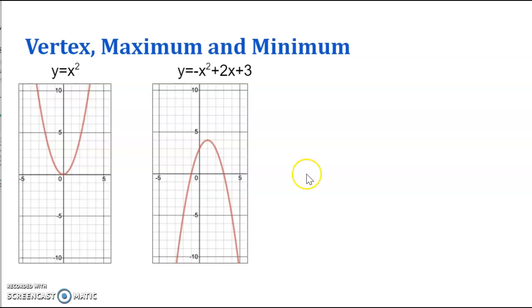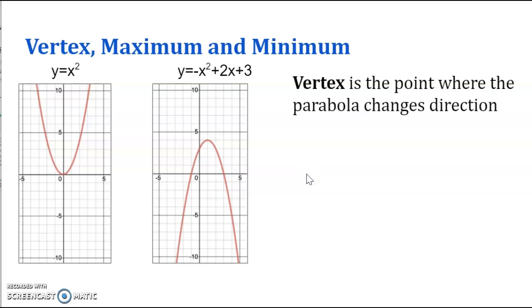All right, a parabola will also have a vertex, maximum and minimum. The vertex is the point where the parabola changes direction. Look at this parabola. It is decreasing from here all the way down here, but then at this point, it starts to increase. It's going up.